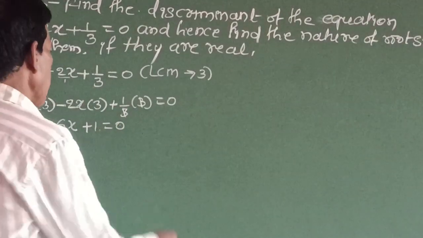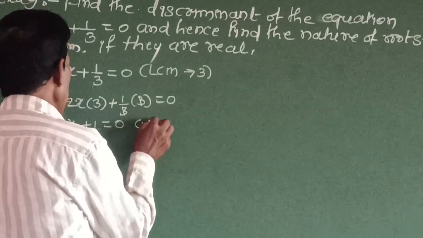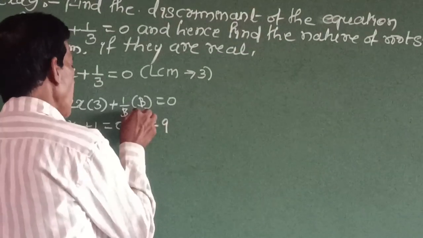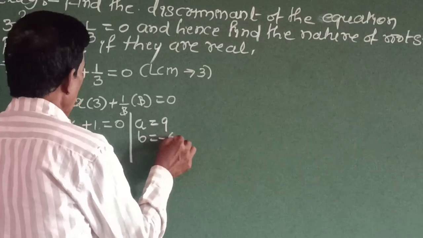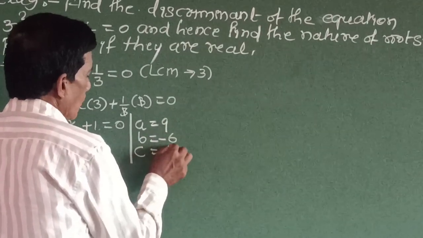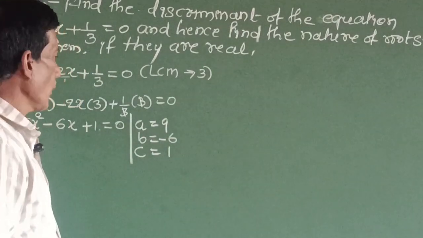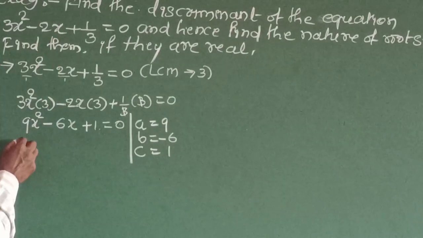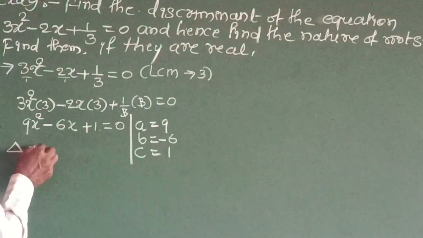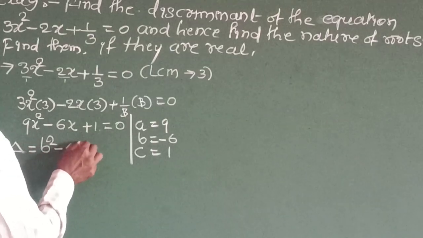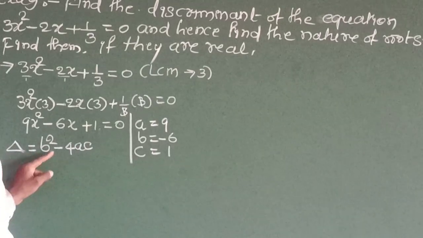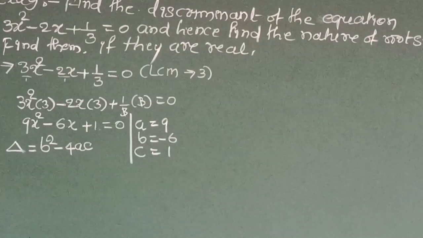So in the equation, a equal to 9, b equal to minus 6 and c equal to 1. Find the discriminant. The discriminant, delta, equal to b square minus 4ac.